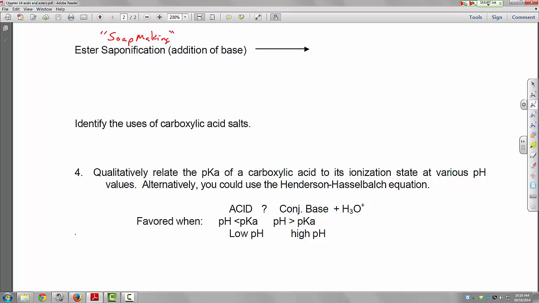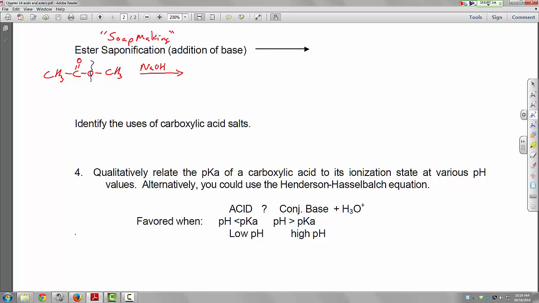What happens here, again, let's start with methyl acetate. So there's our acetate. Here's our methyl group. We're going to break this apart, but we're going to use a base like sodium hydroxide or potassium hydroxide.